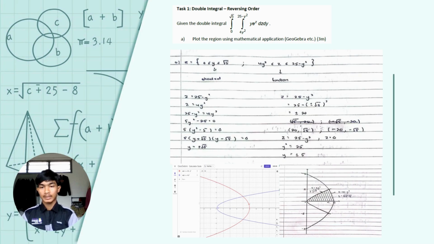These limits indicate the region is bounded by two parabolic curves in the yz plane. The curve z equals 4y squared is an upward opening parabola, while z equals 25 minus y squared is a downward opening parabola. To understand the shape of the region, we find the points where these two curves intersect by equating them.